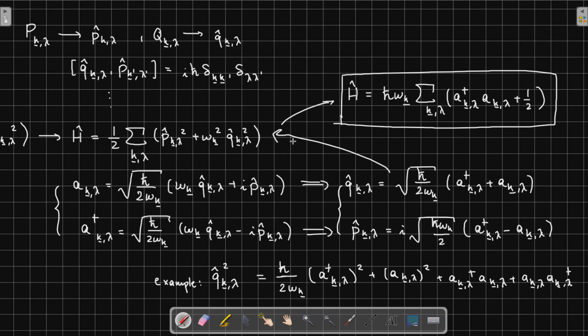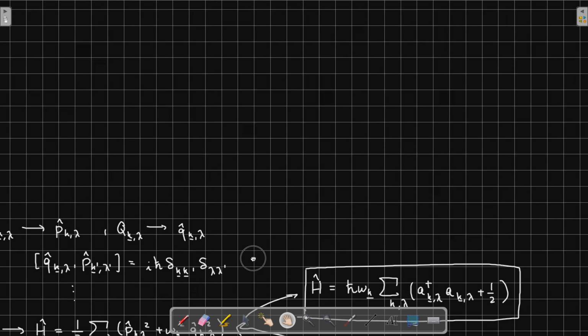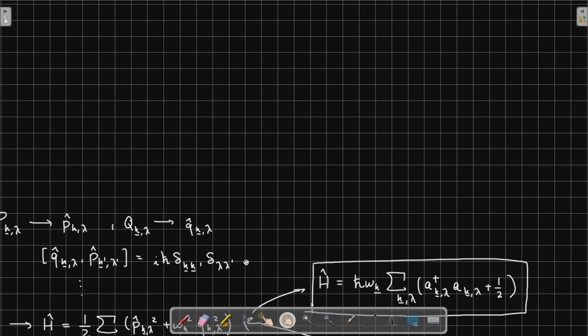One last thing that we might want to do is write the vector potential using these creation operators, these ladder operators.